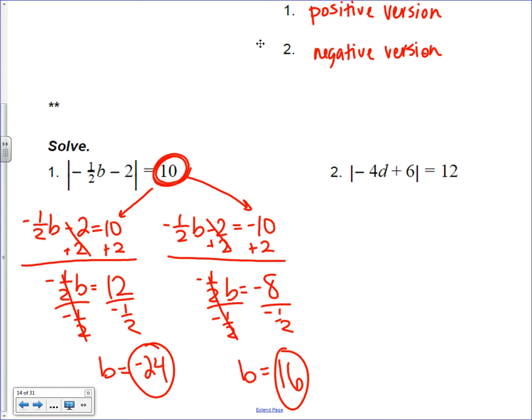Let's take a look at number 2. You will see the absolute value is equal to 12. Of course, that's okay because 12 is positive. So we're going to set up the positive version of 12, and we're going to set up the negative version of 12. And you can go ahead and solve.